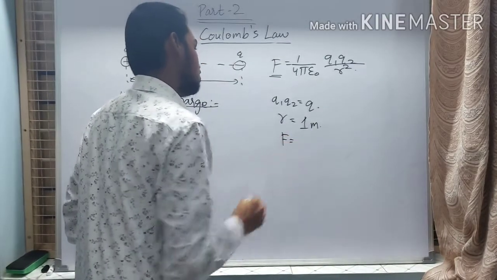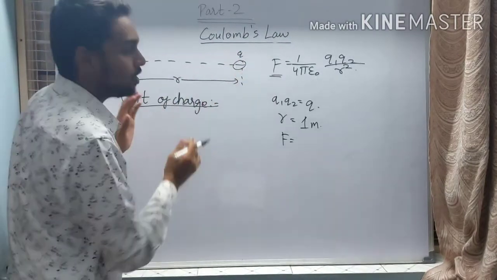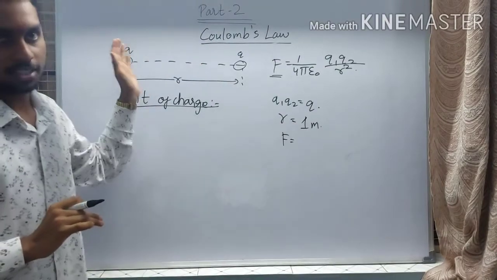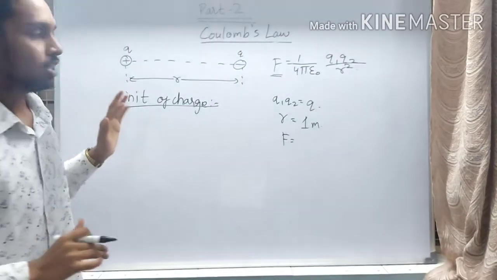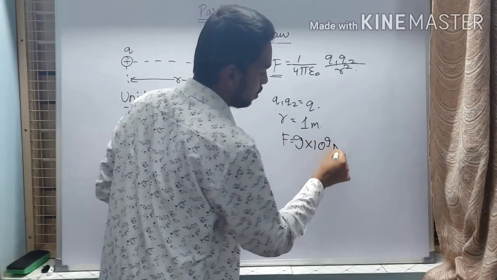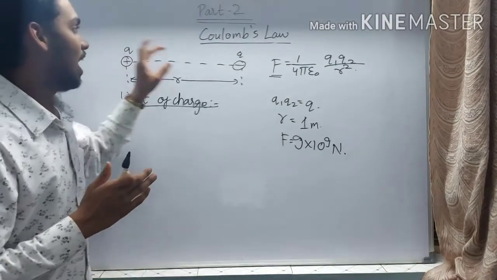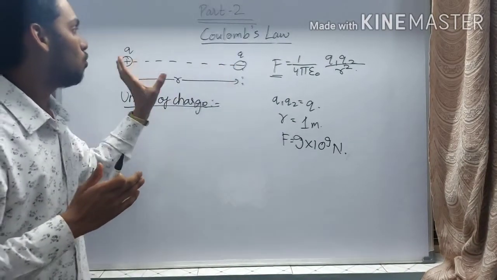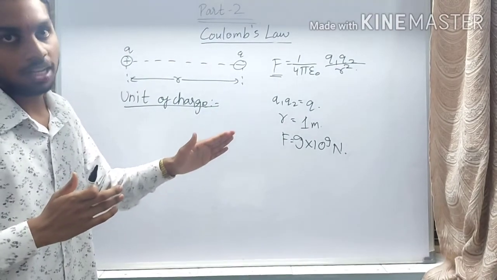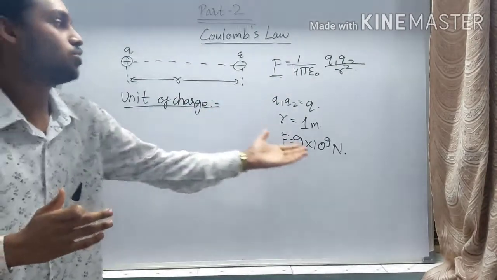Then the force acting between these two charges is equal to 9 into 10 raised to 9 Newton. The quantity of charge which, placed at a distance of 1 meter from another charge of equal magnitude, experiences a repulsive force of 9 into 10 raised to 9 Newton is 1 coulomb.